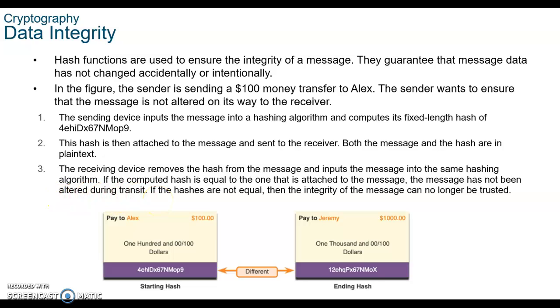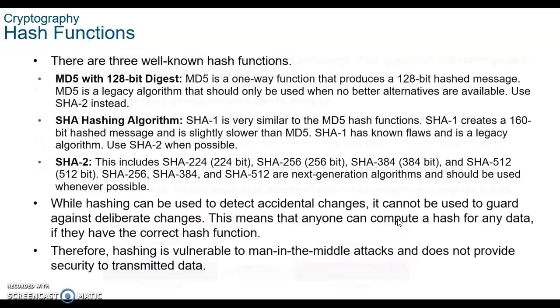Now, there is still a way to remove the existing hash and put a new hash on, through a threat actor. And so that would be a problem because at the receiving end, they would have no way of knowing. Okay, so again, we've got the MD5, the SHA, and the SHA-2. So here's, again, why we want to point out that hashing with MD5, SHA, and SHA-2 is not necessarily the best way, and so you don't want to rely on this.